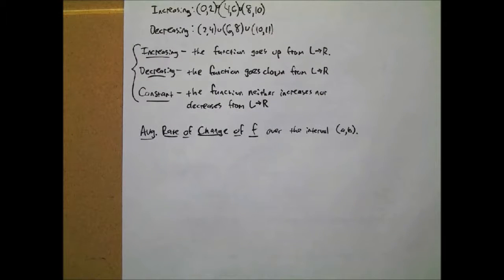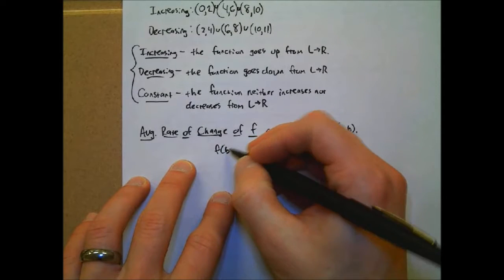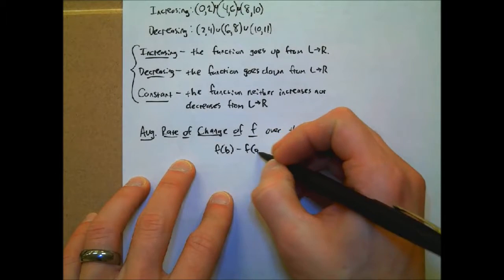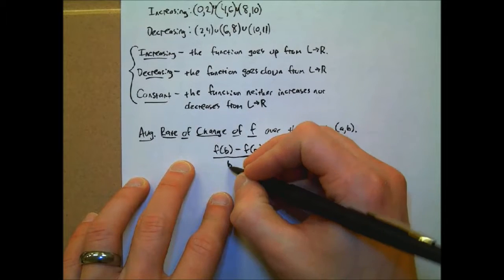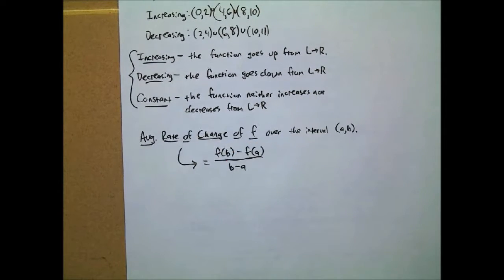What's that formula going to be then? It's going to be the slope formula. So it will be f of b minus f of a over b minus a, and that is the average rate of change formula. So it's like finding the slope, but you can use it for any function to find that average rate of change. And we'll do an example of that here in a second.